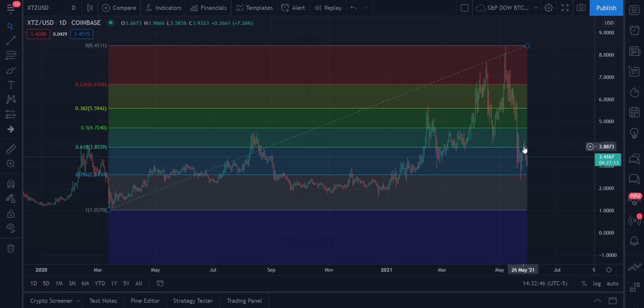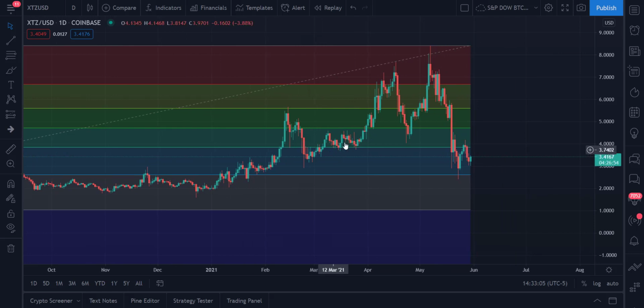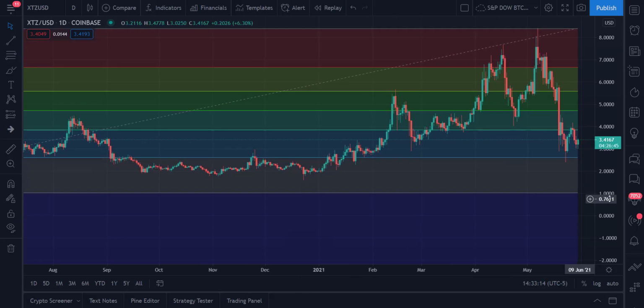Even though we blew through it last week in May, I think this level could end up being resistance. It was support. That's the $3.85 level. It was support back here in March. Oftentimes support becomes resistance, and I think we are kind of there. You see that support a little bit better as I stretch it out, and it may have actually acted as resistance last week. So very interesting.